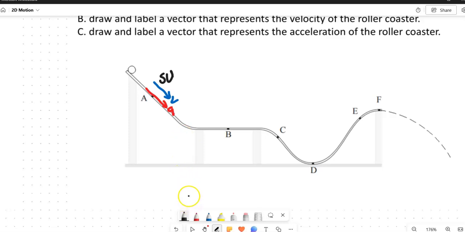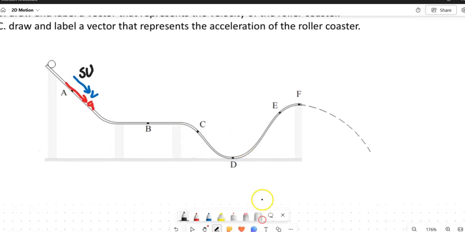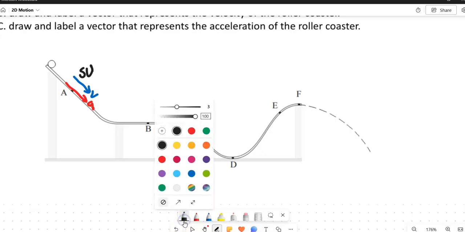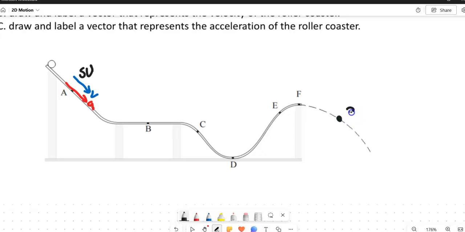Okay. Now I want you to try this through the whole thing. Incidentally, it's kind of missing a G point right here. I don't know why it's missing that. So go ahead and try this on your own. It's going to follow this track. When it hits B, it's going to be traveling in a straight horizontal line.